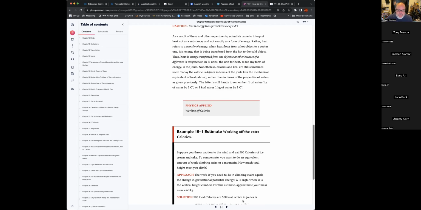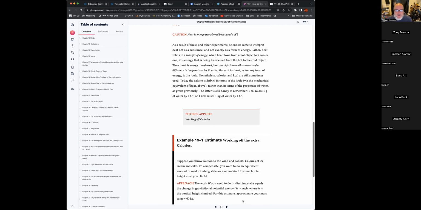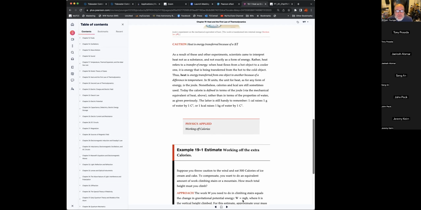And it can be as simple as, for instance, if you fire a gun into a tree on purpose to get an estimate of how fast your muzzle velocity is. If you fire it into a big enough tree, then the bullet's not going to make it through the tree. But you could, in principle, figure out exactly how hot the bullet and the tree got from the bullet impinging upon the tree.